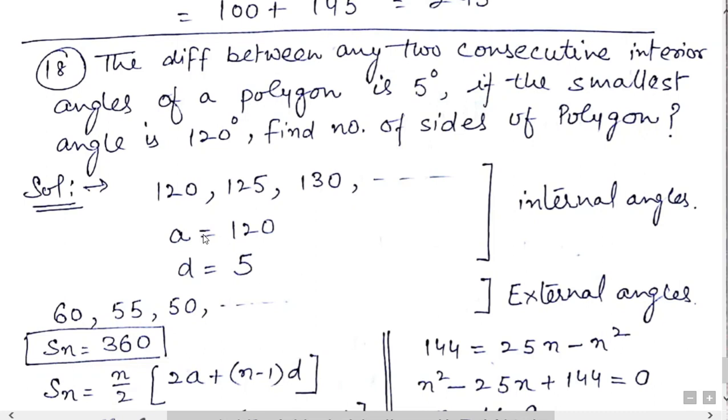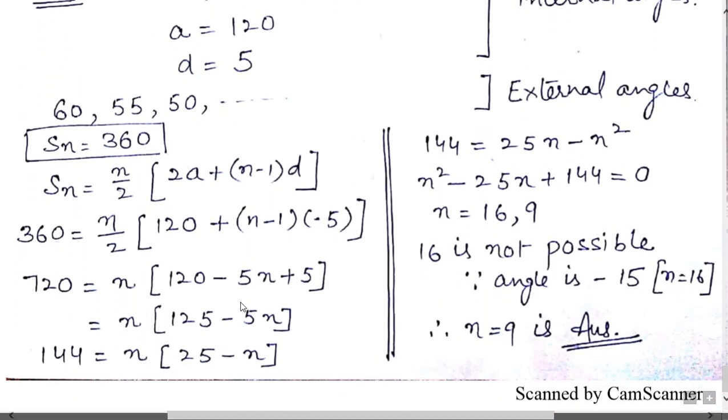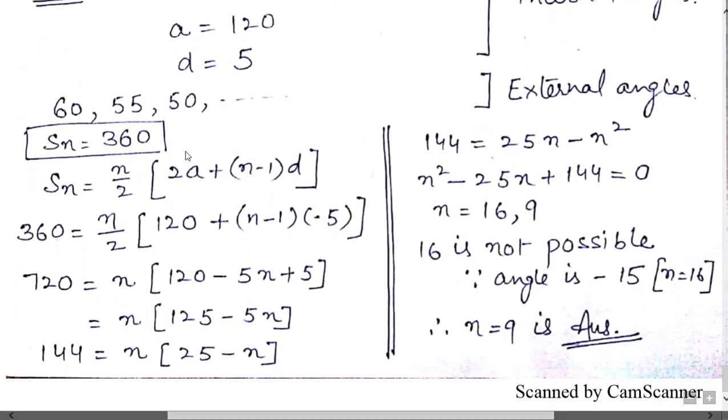That's why we have to convert the internal angle into the external one. Now Sn is known to you. Insert the value of a as 60 and d as minus 5. Calculate the value. It's a quadratic equation.